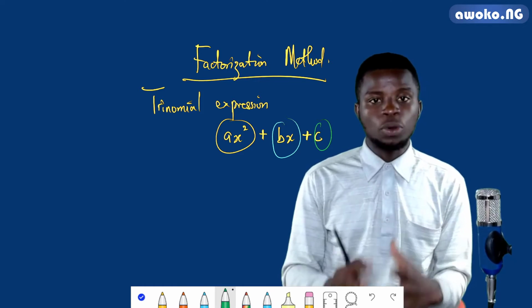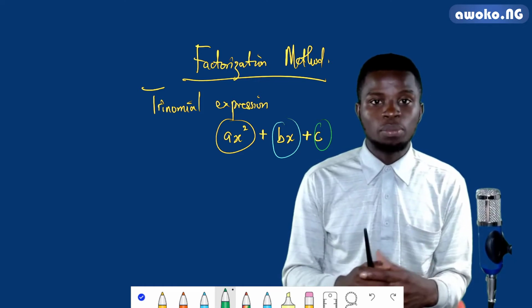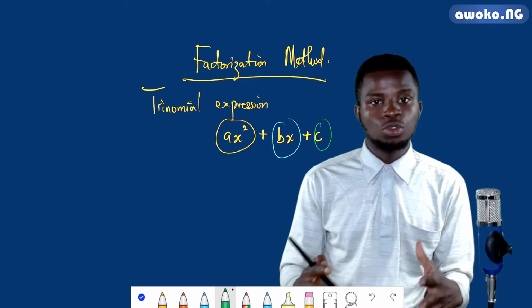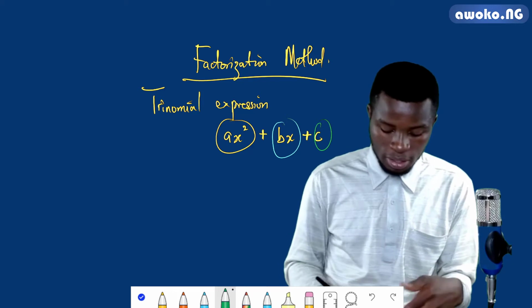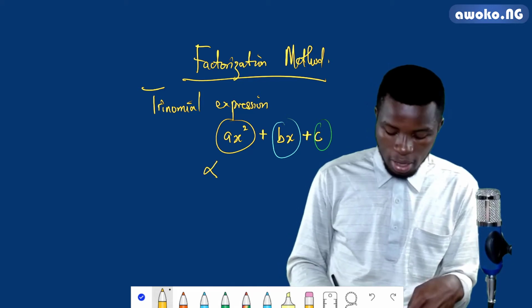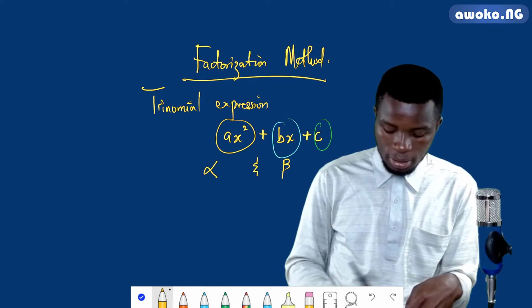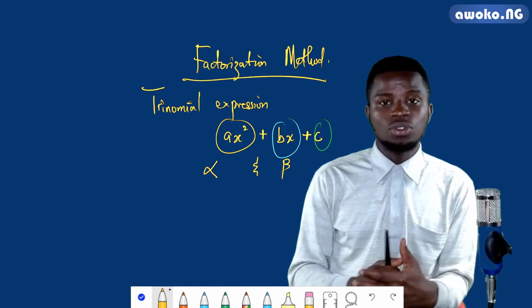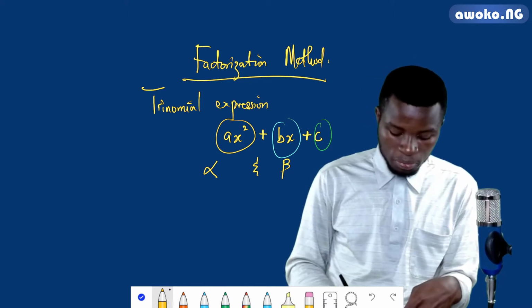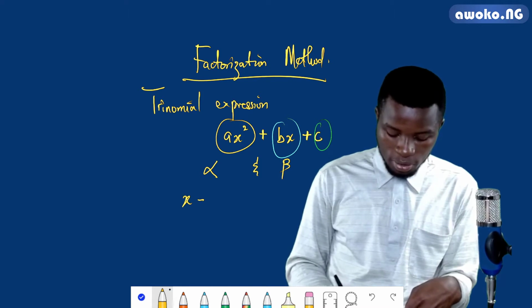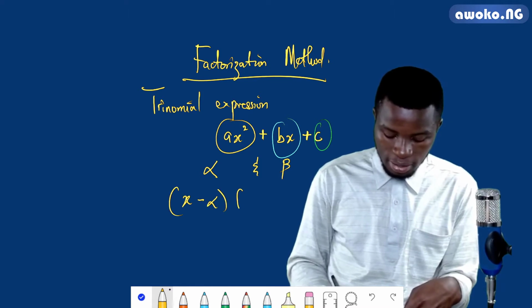So this polynomial can be split into two based on the factors that can be obtained from it. And let's say the factors are alpha and beta. So we can get the roots of this trinomial expression to be x minus alpha and x minus beta.